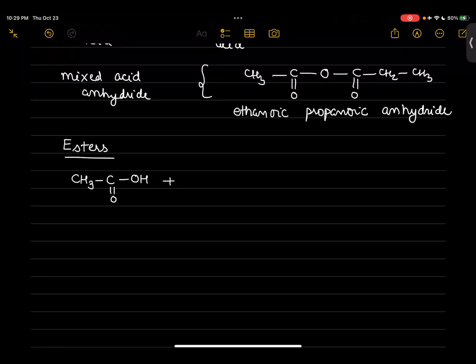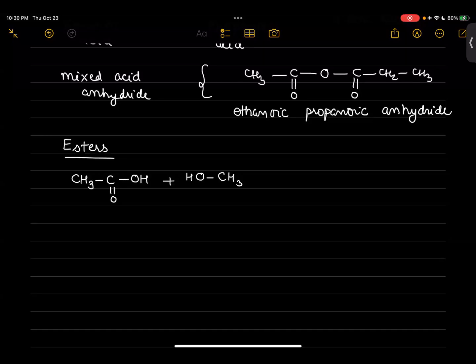The other reaction which I'm talking about is breaking of esters, hydrolysis of esters. Okay. So first of all, let me explain how esters are formed. Because they are considered to be carboxylic acid derivatives, they are formed along with the carboxylic acid, when something gets attached to the carboxylic acid, and that something is the alcohol part.